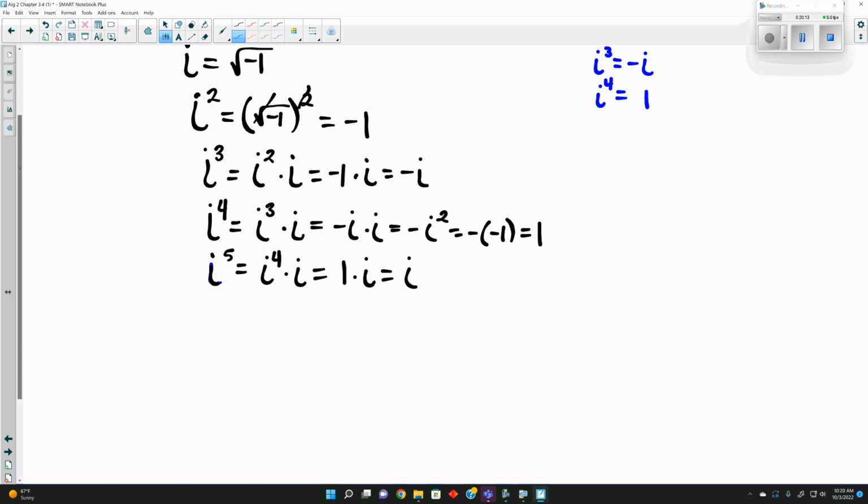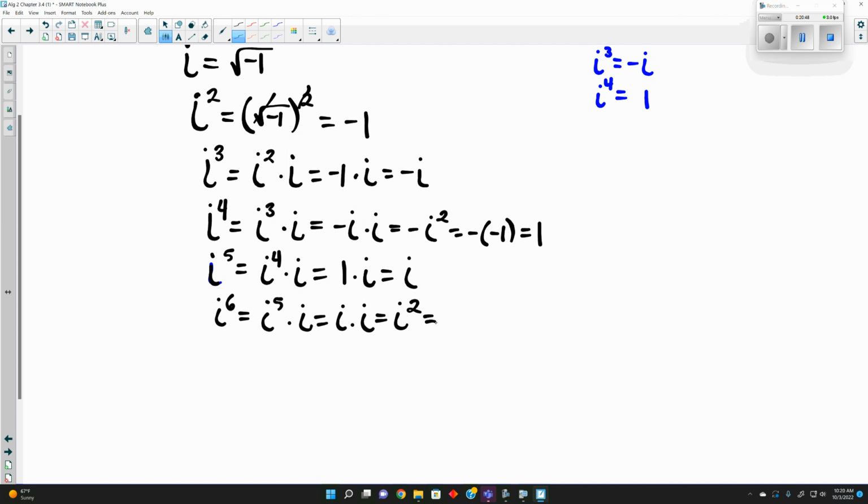Can you go all the way to like i to the sixth? i to the sixth we could say is i to the fifth times i. Well, what is i to the fifth? So we have i times i, which is i squared, because anything times itself is squared.